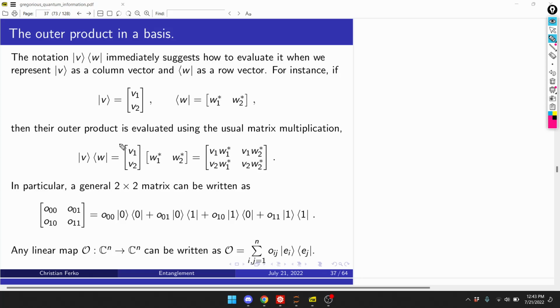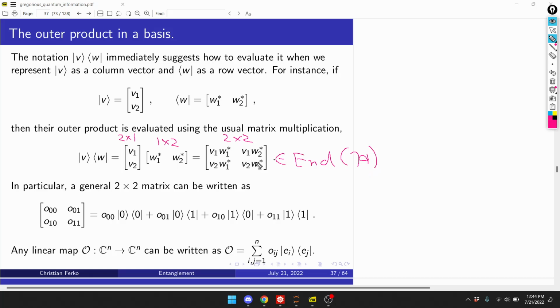If I multiply a 2 by 1 vector by a 1 by 2 vector, I get a 2 by 2 matrix whose entries are v1 w1 star, v1 w2 star, and so on. So the notation tells us how to take a column vector and a row vector and make a matrix, which is an element of End H, just by following our instincts of matrix multiplication.